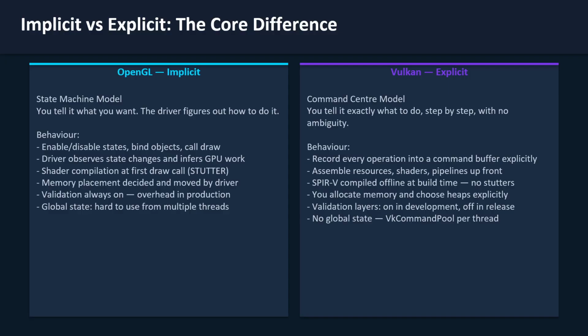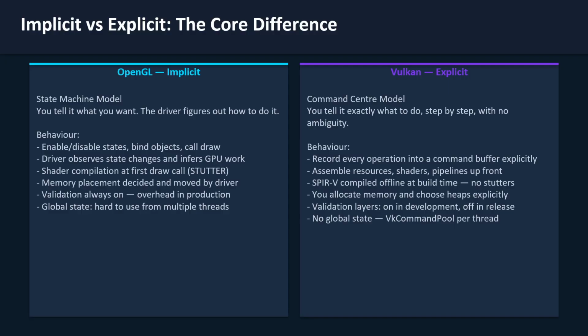The main difference between the implicit API and the explicit API is how they work. The second difference is also about how Vulkan uses it.